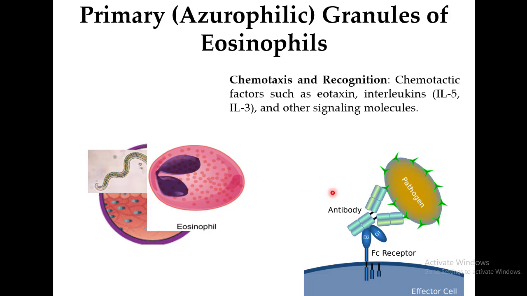The eosinophils use their Fc receptors to recognize this antibody-bound parasite, and that leads to engulfment through the process of phagocytosis.